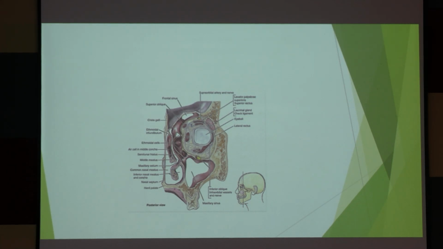Anatomy will guide you for the surgery and all the complications. We can say what complications we can have if we want to perform endoscopic sinus surgery. We can damage all these structures, right? We can go to the brain, we can have CSF leak, we can injure the orbit, we can have major blood vessels and all around that, okay?